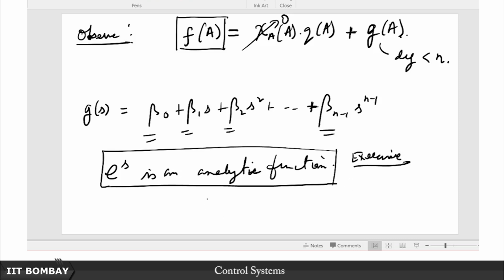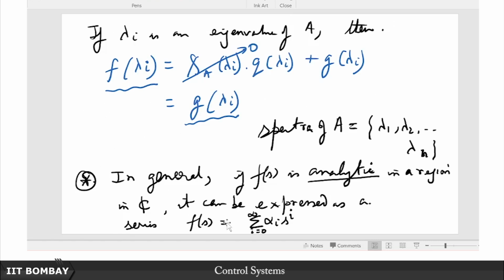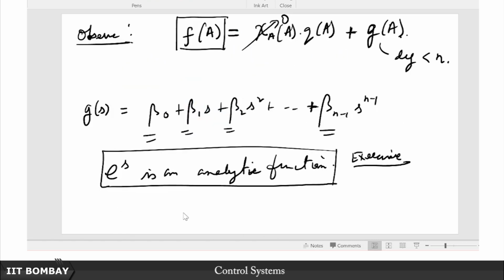So if this is an analytic function and any analytic function can be expanded in a series, then e to the s can also be expanded in a series. There is nothing stopping me from doing that, right.